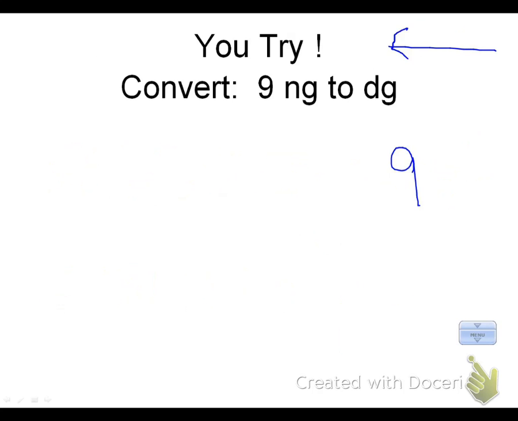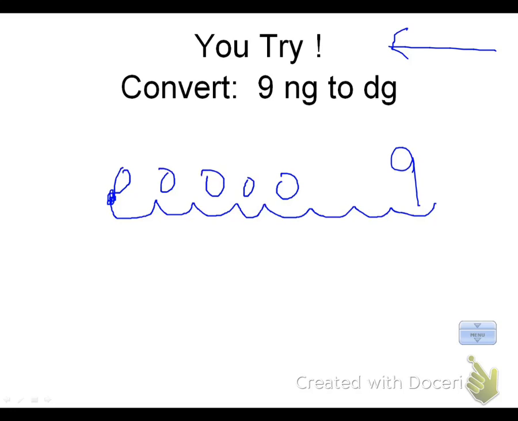1, 2, 3, 4, 5, 6, 7, and 8. Let's double check. 1, 2, 3, 4, 5, 6, 7, and 8. And let's put all the eggs in the basket. Our place-holding zeros that aren't significant. And there we go. We are now into decigrams.